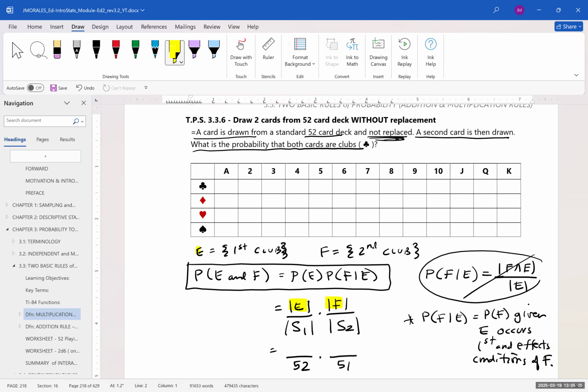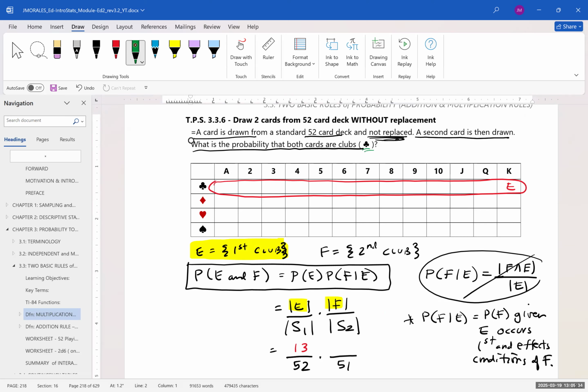Now we just have to think about what's going to be the order of E and the order of F. Well, E, what's the order of getting a club? We come up here and we look at our clubs. This right here is event E. So how many do we have? We've got 13 clubs in the deck. Now, how do you account for maybe the second card being a club?